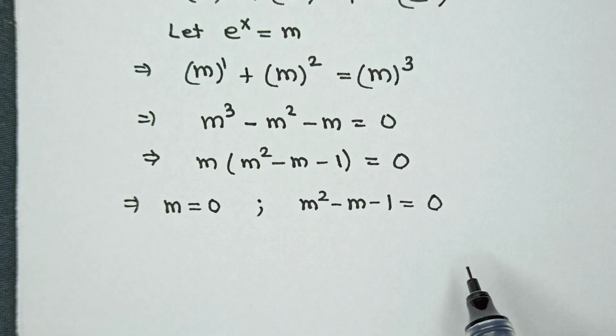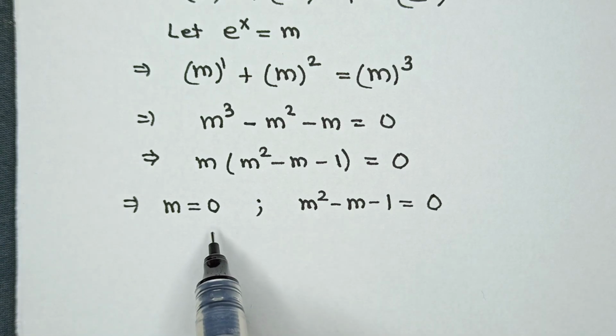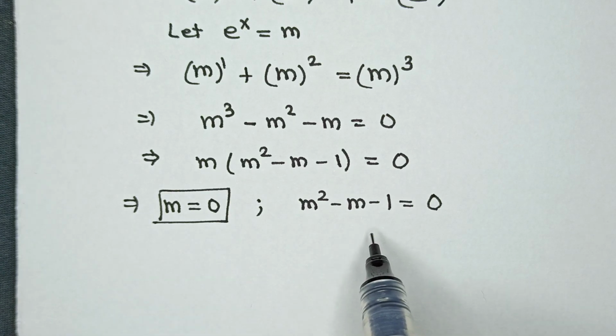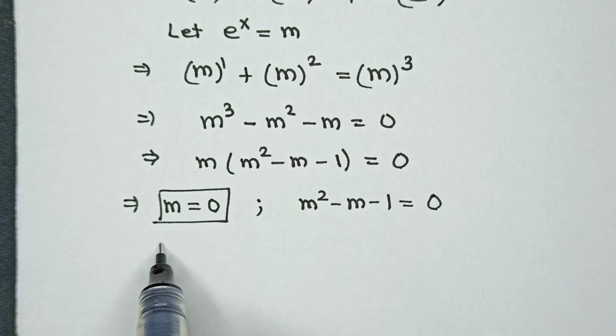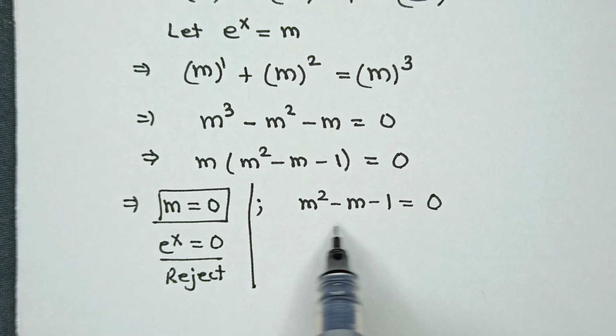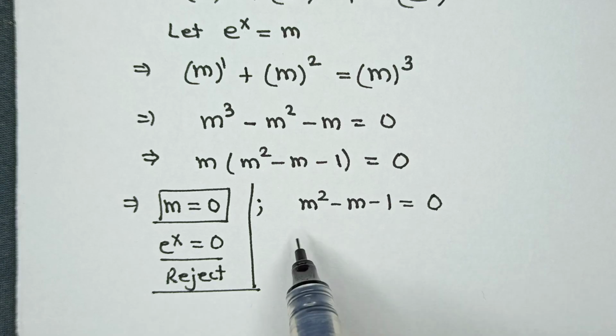Now this is the first value, but here we'll be rejecting it, because if we take this as the answer, then e raised to the power x would be equal to 0, and this case is not possible. Hence this particular value of m is rejected. So now let us solve this quadratic equation and get the value of m.